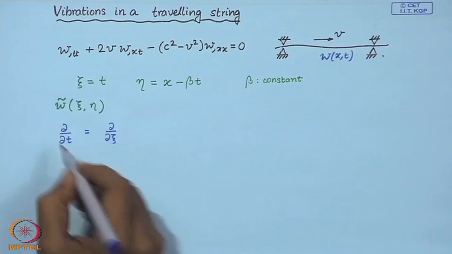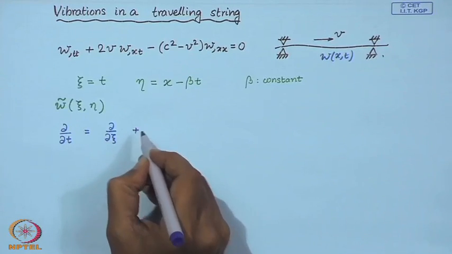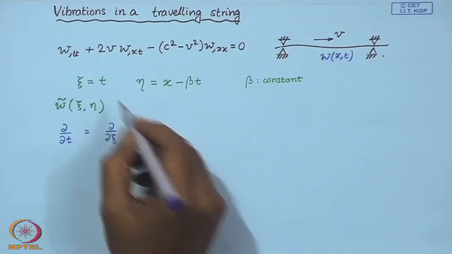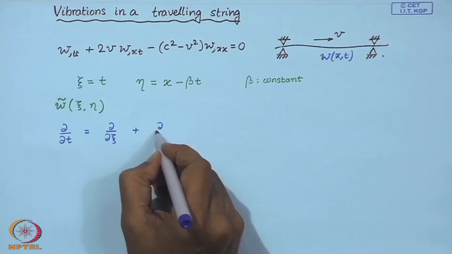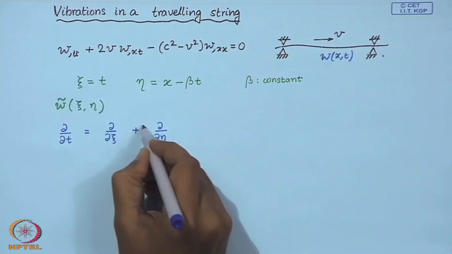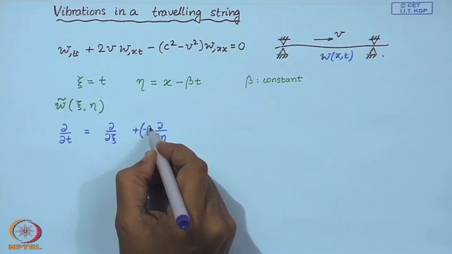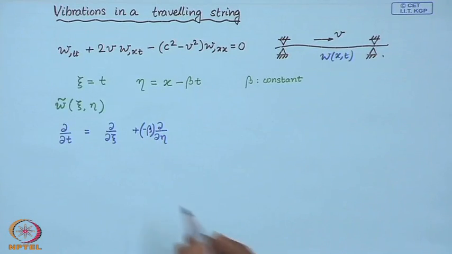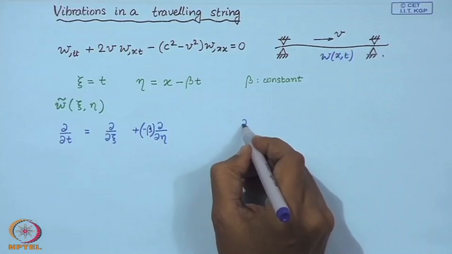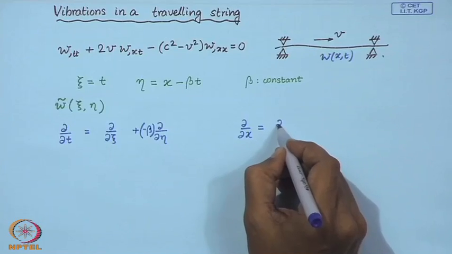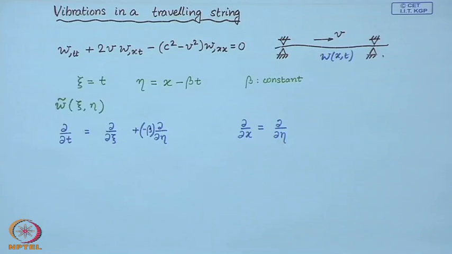we must replace our derivative operators. del/del t as del/del xi times del xi/del t, which is 1, so that is del/del t. Similarly, del/del x is nothing but del/del eta.